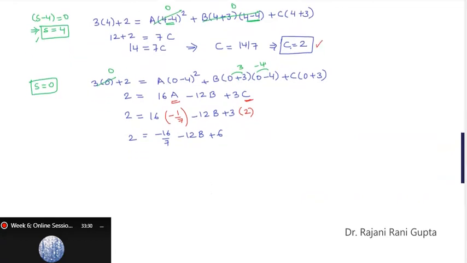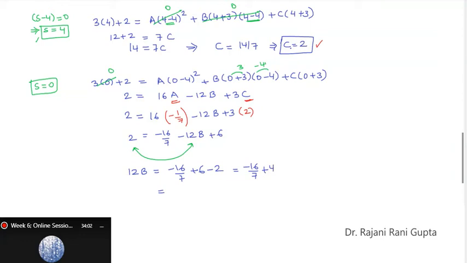Now I want the value of b. So what we will do? We will change the position of these two terms. When this minus 12 goes to the other side, it gives you 12b equal to minus 16 over 7 plus 6. This 2 comes on the other side, gives you minus 2. Now at this stage you can use a calculator to get the value, or you can work like this, like I am doing.